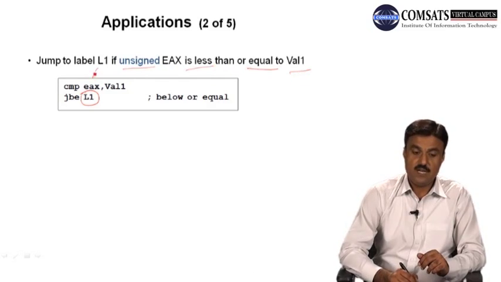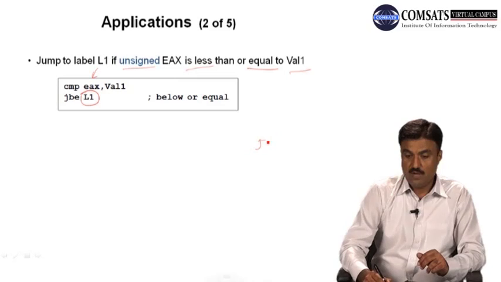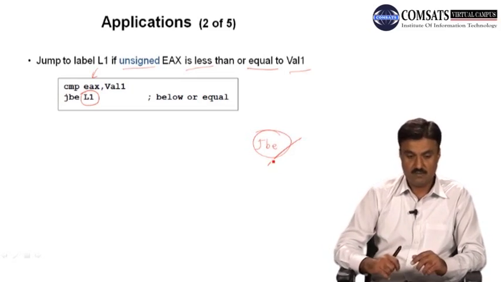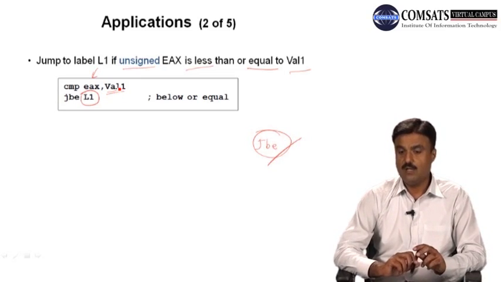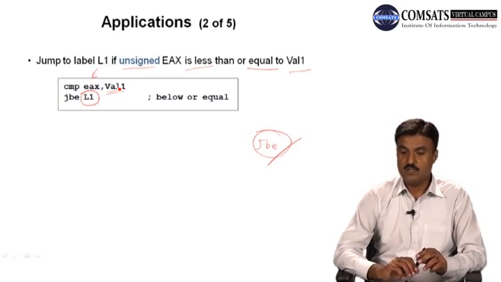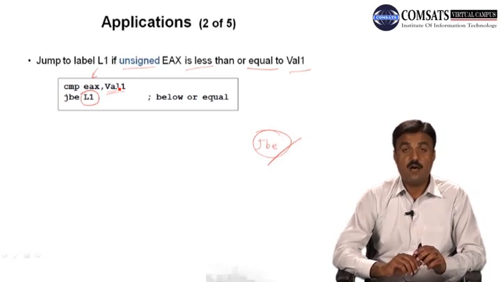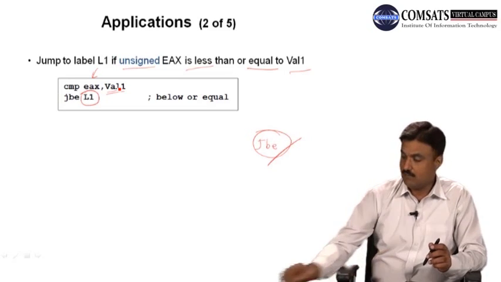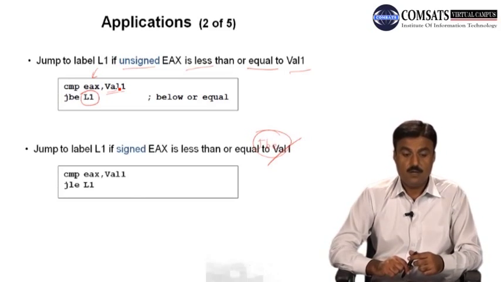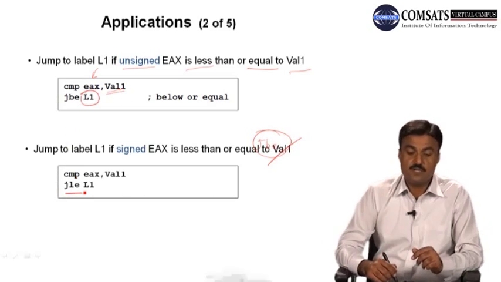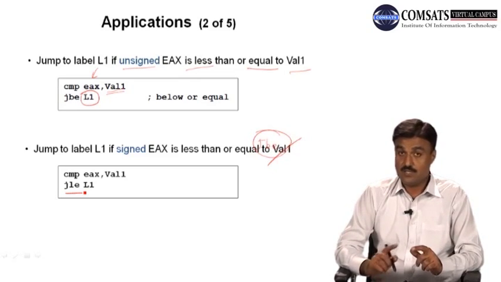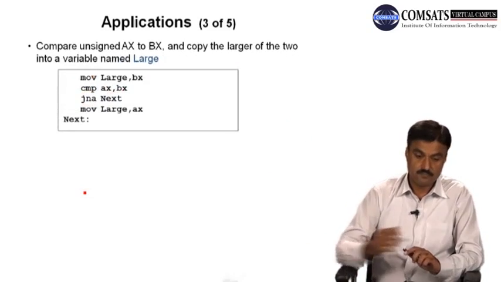So for unsigned, we jump when below or equal, JBE, and the signed one is different. We compare EAX with the variable named val1. If EAX is less than or equal, it will perform the jump to L1. For the signed version, we use JLE, jump if less than or equal.